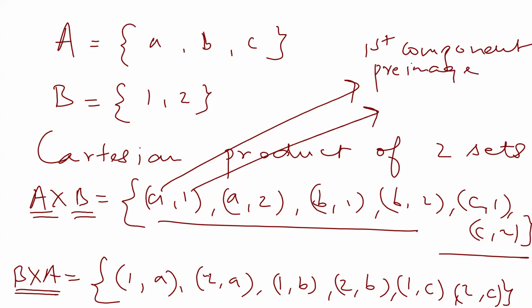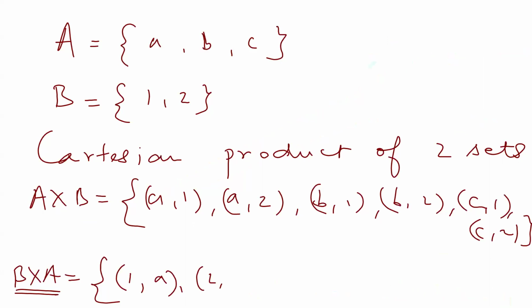The second object is called the second component, or also the image. So each and every ordered pair will have a first component and a second component. So you should know all these things.